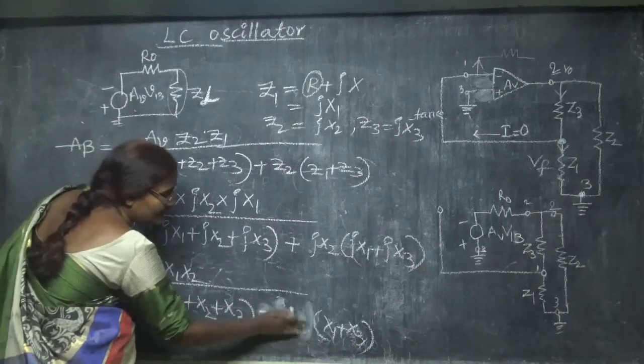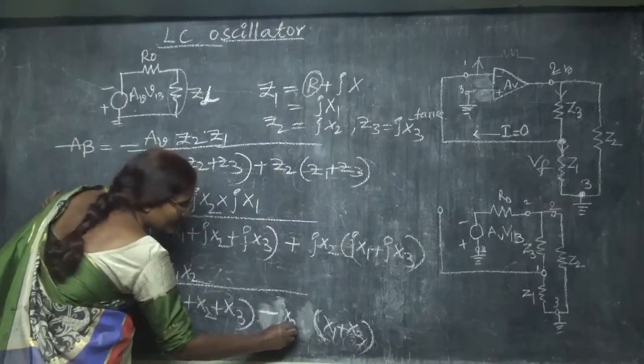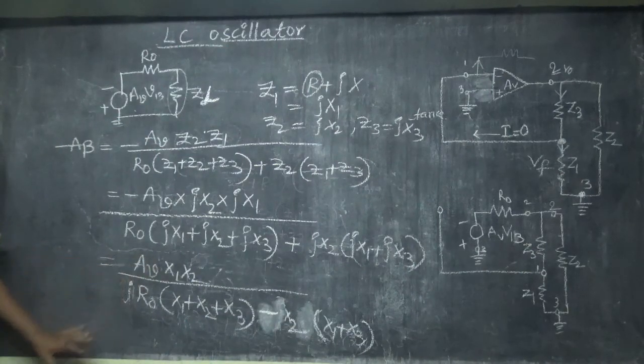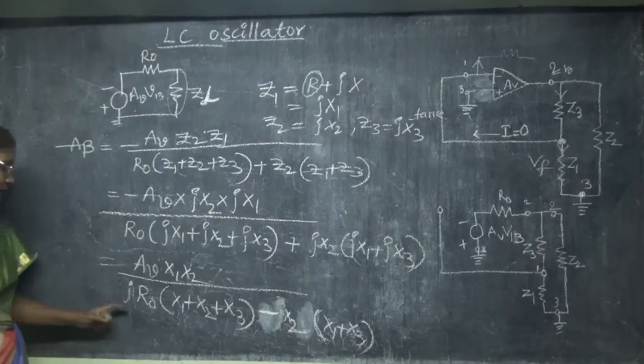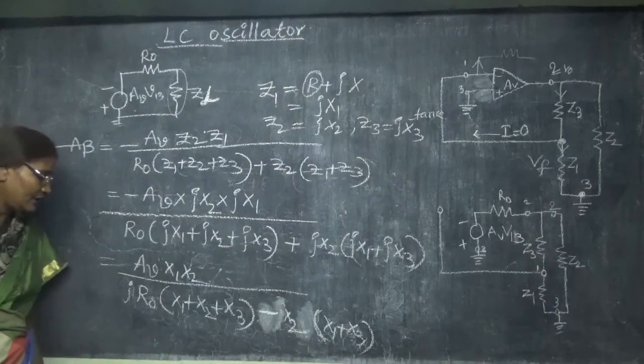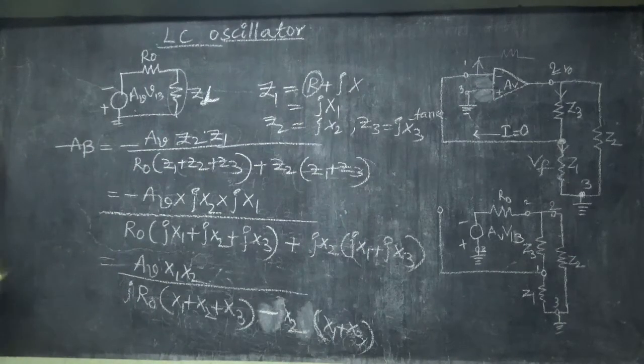So minus x2 into x1 plus x3 I will get. Now this is the equation which is having a real part and an imaginary part.